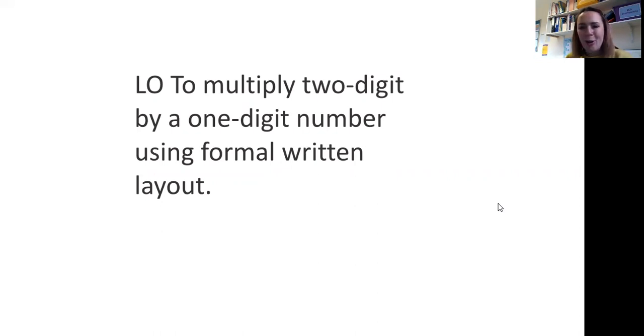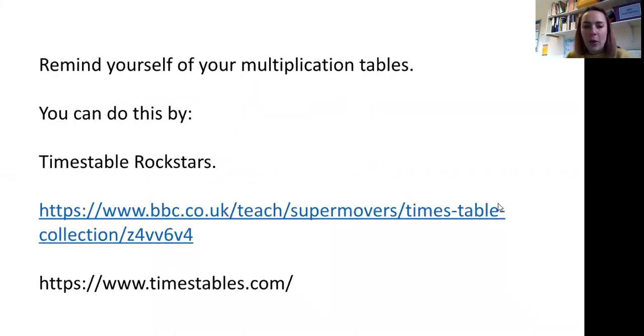So before we carry on with this, let's have a recap of some of our previous learning to do with multiplication. So I'd like you to have a go at reminding yourself of your multiplication tables. You can do that by going on Times Table Rockstars. If you can't log on, just send me a message and I'll send you your log on over. You can also go on the BBC Supermovers website.